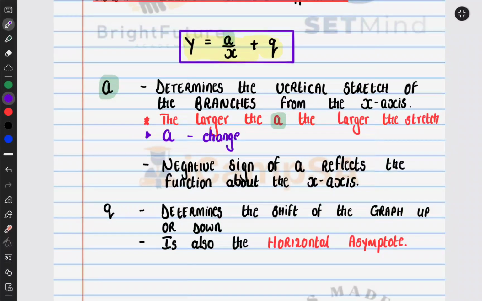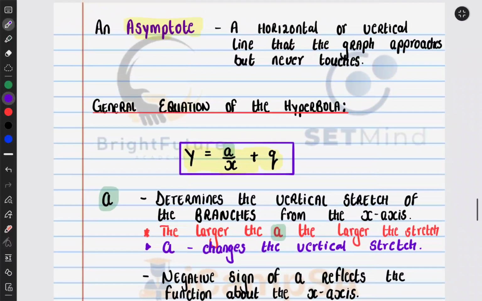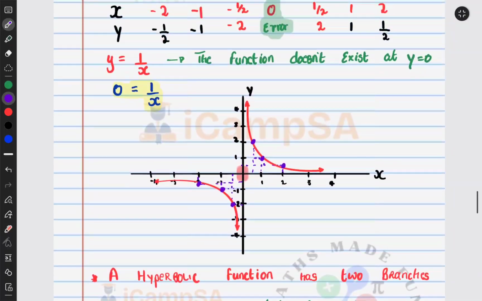So a changes the vertical stretch. When we're talking about the vertical stretch, we're essentially talking about how far our function is from the x-axis. When we increase the value of a, our function maybe will be here. Now it is moving further and further away from the x-axis. That is your vertical stretch.